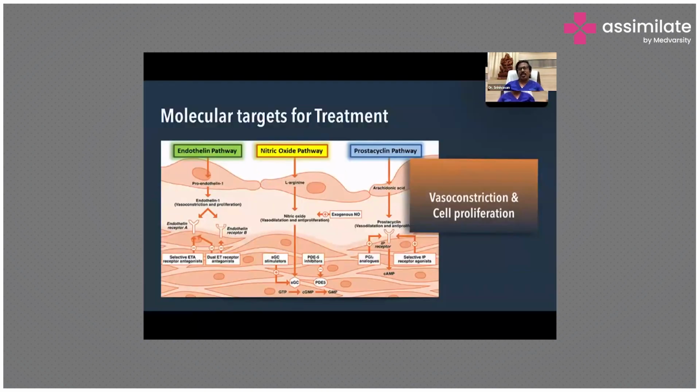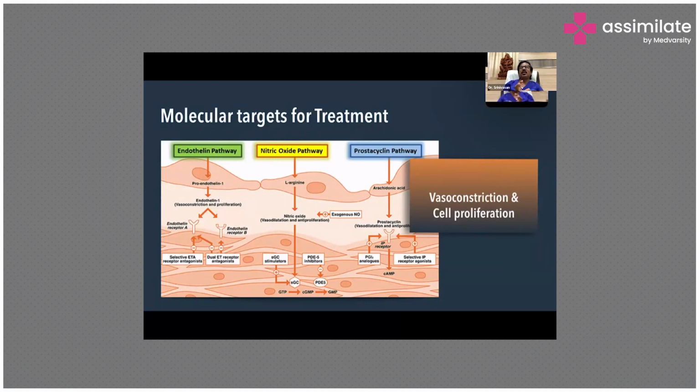Now coming to the treatment. Traditionally, we were talking about these important 3 pathways: the endothelin pathway, the nitric oxide pathway, and the prostacyclin pathway. The prostacyclin pathway deals with arachidonic acid metabolism and the prostacyclins, whereas the nitric oxide pathway deals with L-arginine metabolism, and in the endothelin pathway, you have endothelins.